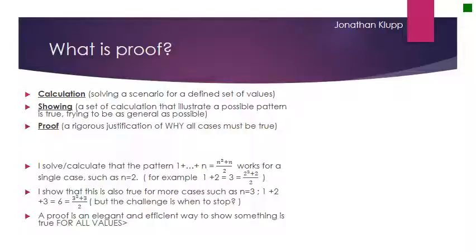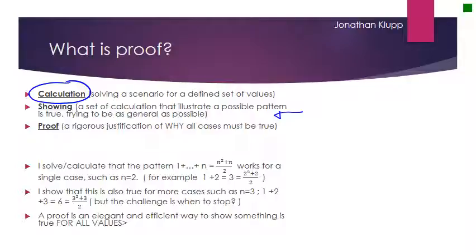Before we get into this proof in particular, let's clarify what we mean by proof and draw some distinctions in our language. First of all, Year 9 students are quite capable of calculating a series of values given the process to follow. Showing is a more sophisticated skill.